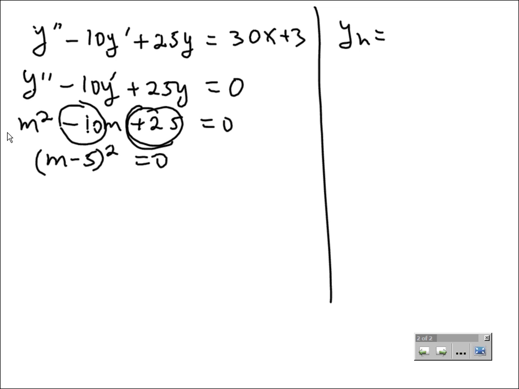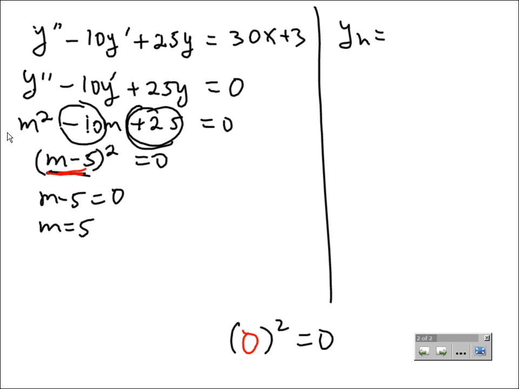What do you square to get 0? What can you put between the two brackets and square it and get 0? There's only one answer. It's 0. Regardless of what you put in those brackets, it must be 0. And m minus 5 is 0, which tells us m is 5. But it's a double root.